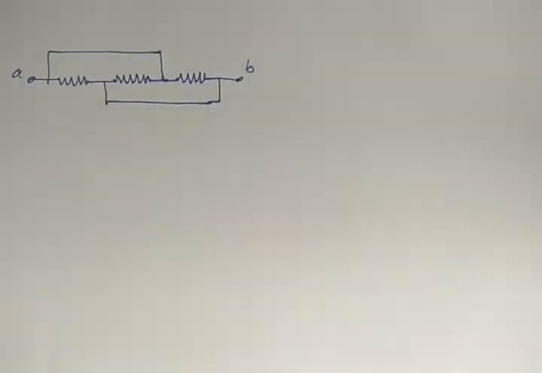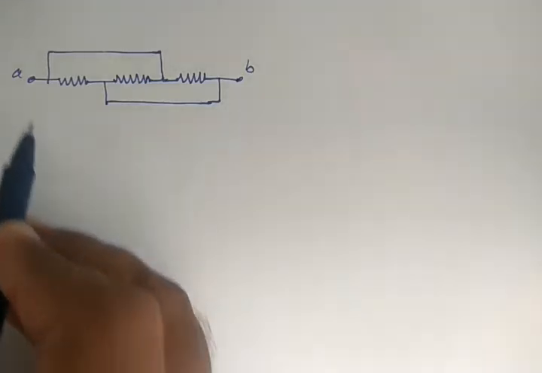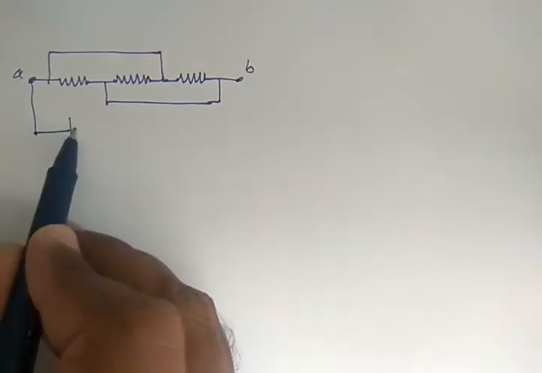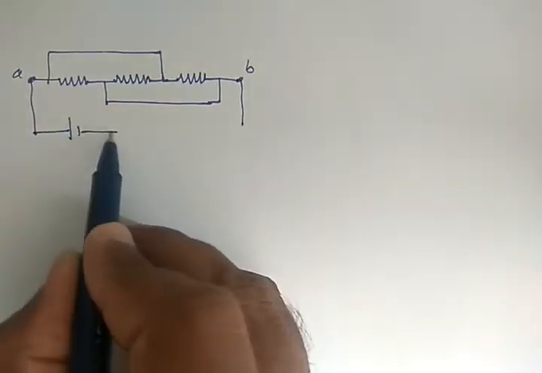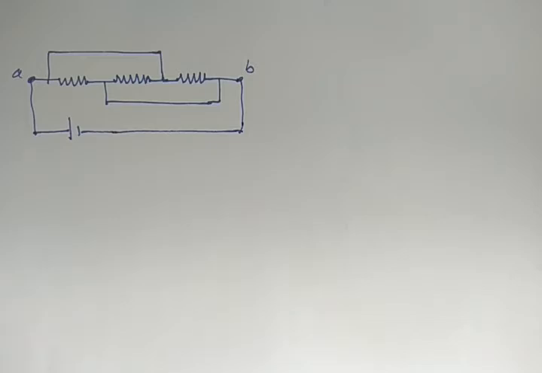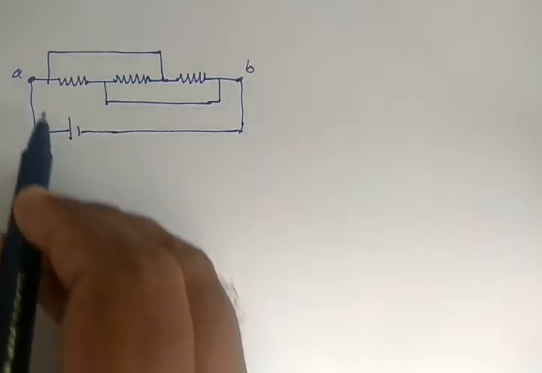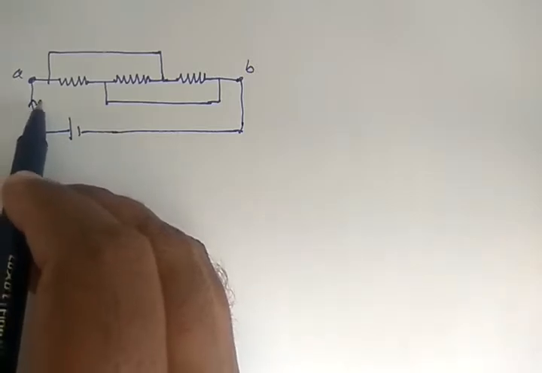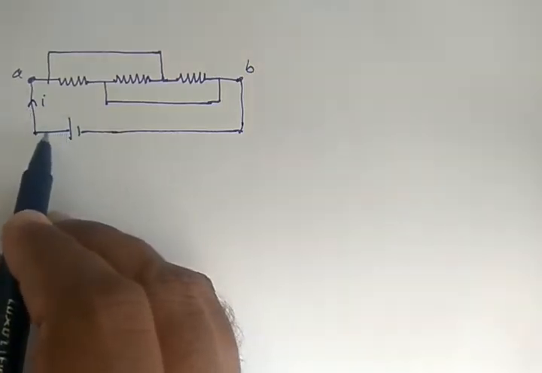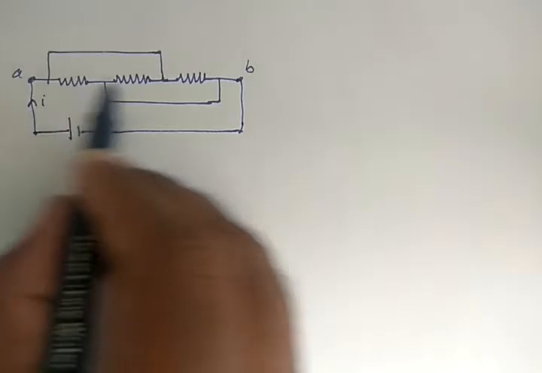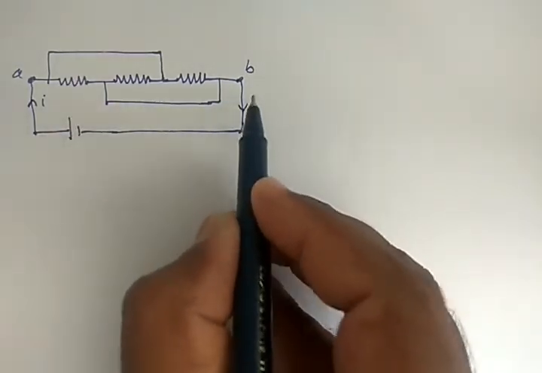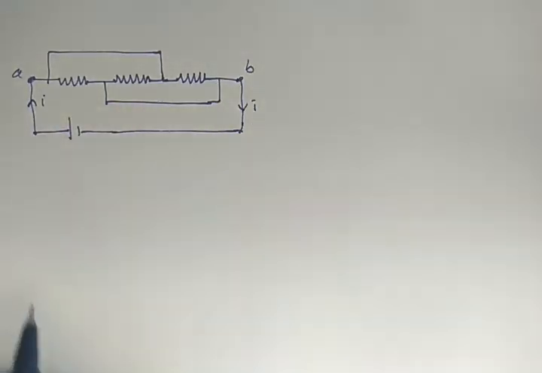To find effective resistance between these 2 points, let us connect a battery of EMF V. So when you connect a battery of EMF V, then current goes through the battery. Say I is a current that is coming from the positive terminal, and then I must come to the negative terminal.